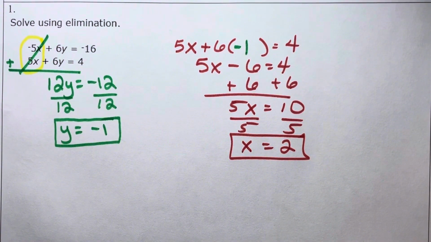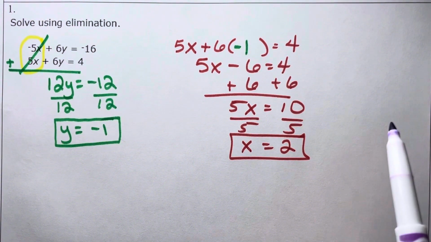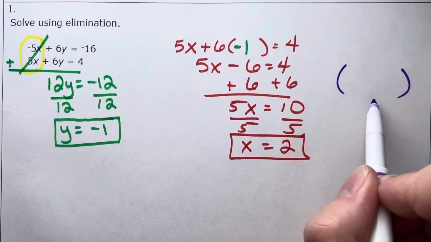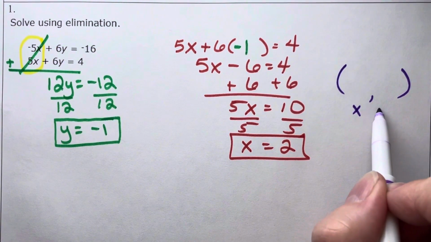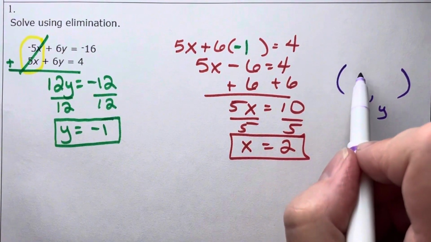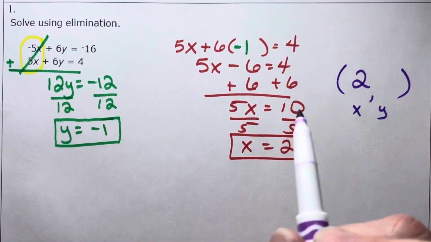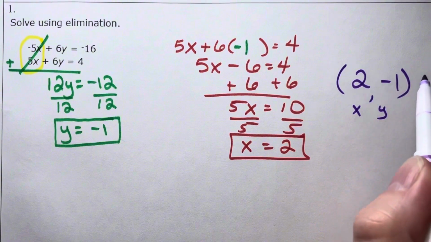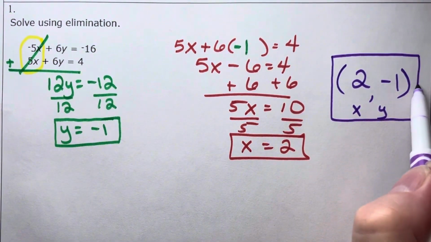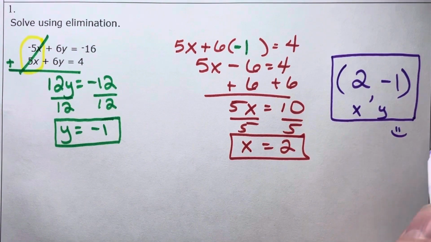All right, everything that we need to do is done. Let's write our final answer. Our solution is a coordinate point, and x always comes first, and that's 2. Y is second, and that's negative 1. Our final answer is the coordinate point of 2, negative 1. And there you go.